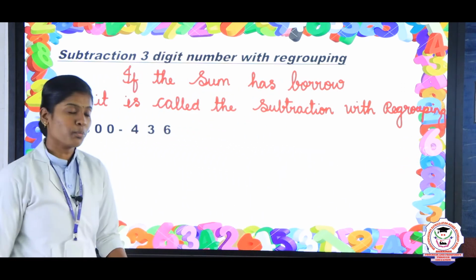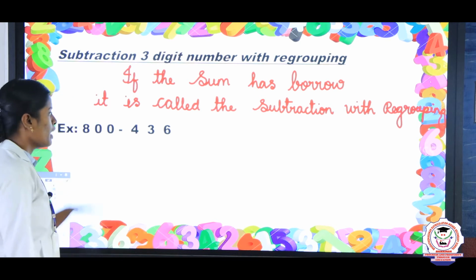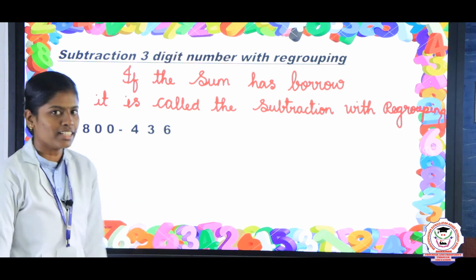Subtraction with regrouping. So, for example, we have the question 800 minus 436.